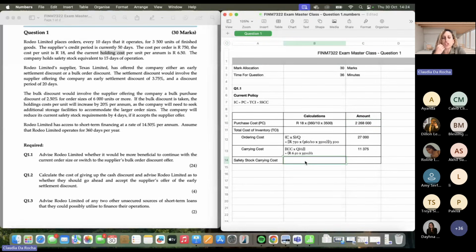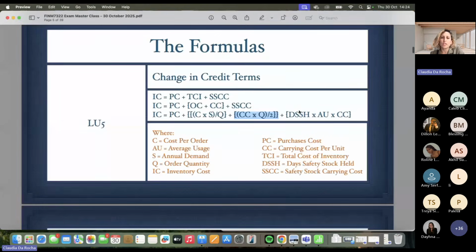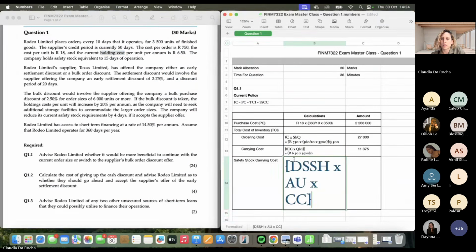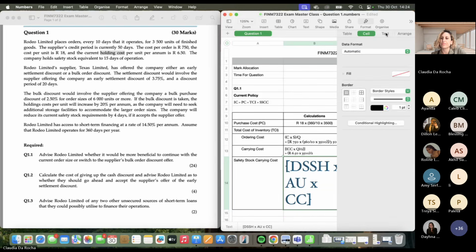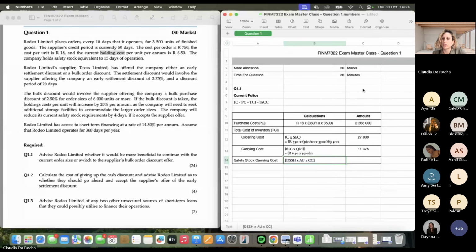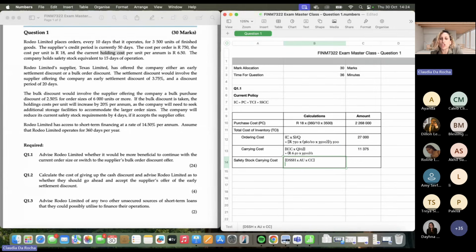Last one is our safety stock carrying cost. We have to go back to our formula. The formula is days safety stock held times our annual usage times your carrying cost. Our days safety stock is held is the 15 here, because that's what they said.